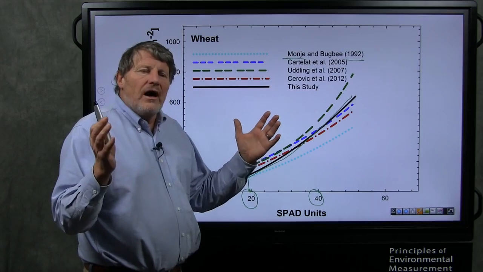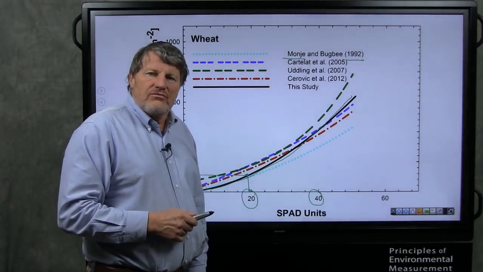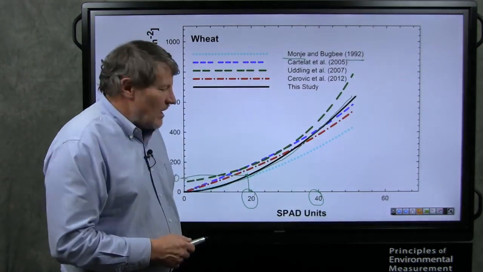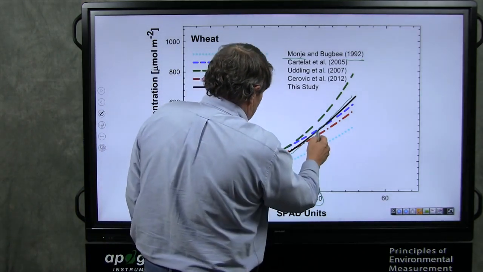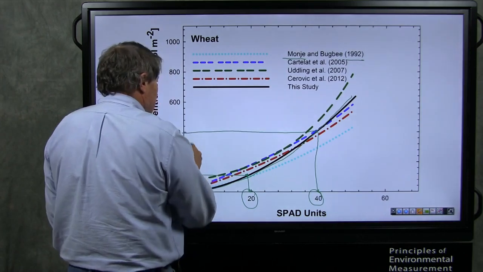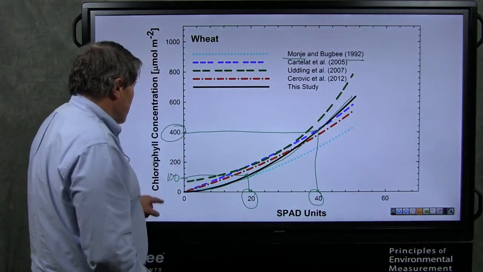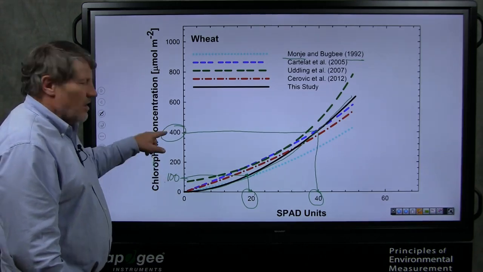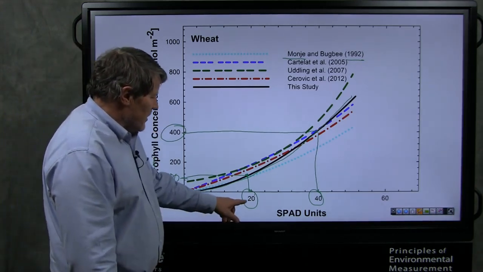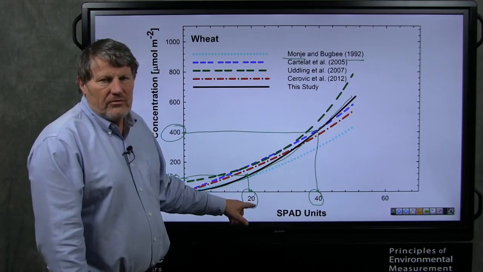You conclude the chlorophyll has doubled because the number is twice as high. Look what happens. We go up here and across. The chlorophyll went up fourfold, between 100 and 400, and our meter only doubled.